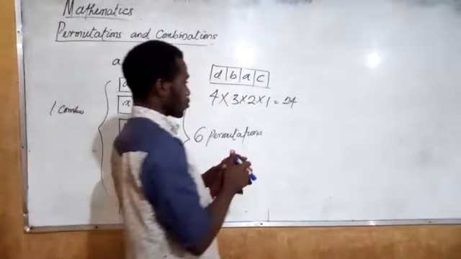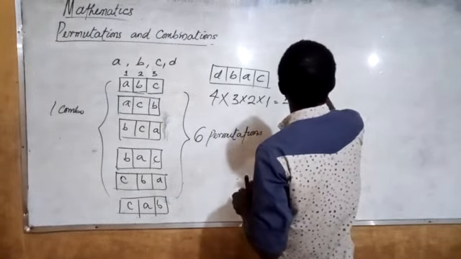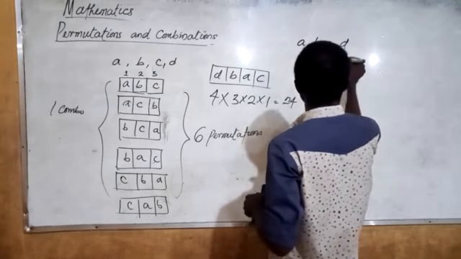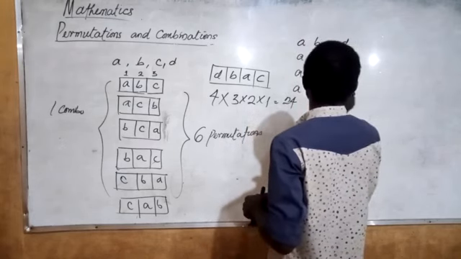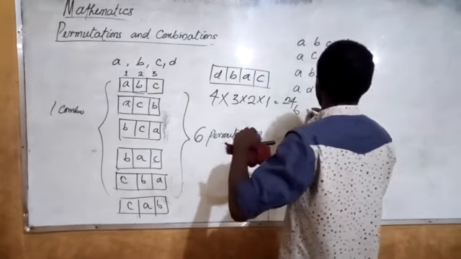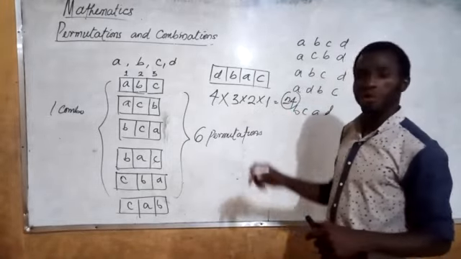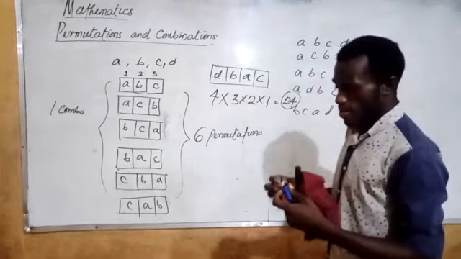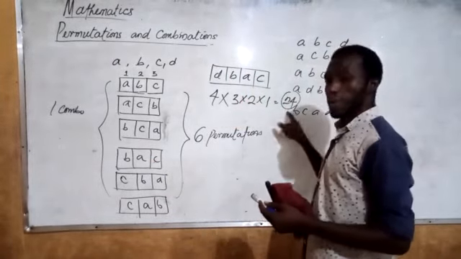If I want to spell this out, if I arrange A first, then B next, C and D, or A, C, B, D, or A, B, C, D, or A, D, B, C, or B, C, A, D, and like that, I'm going to get 24 possible different arrangements. But the combination is still A, B, C, D. So one combination here, but 24 permutations.